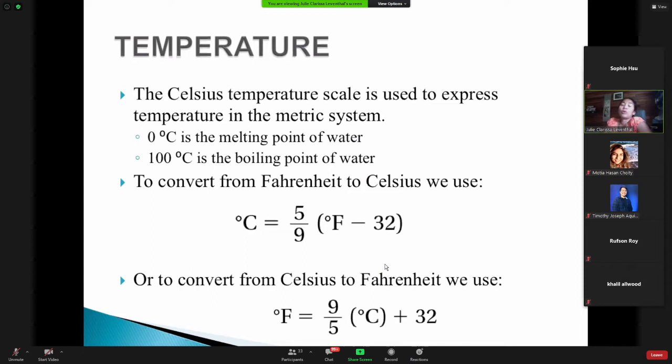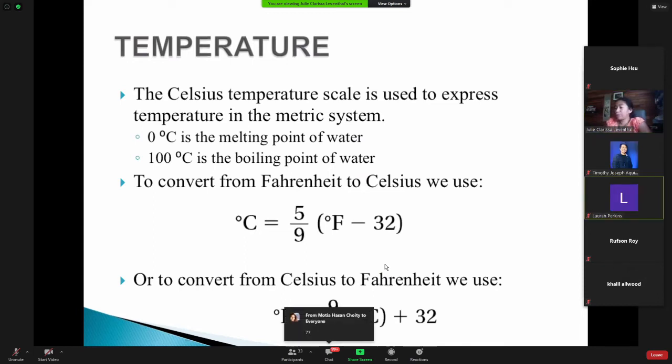So that's easy. 1.8 times 25 plus 32. What is room temp in Fahrenheit? 1.8 times 25 plus 32 is 77 Fahrenheit. Does everyone follow? You know how to use these formulas? Temperature is straightforward. You use 1.8 C plus 32, and you have this.